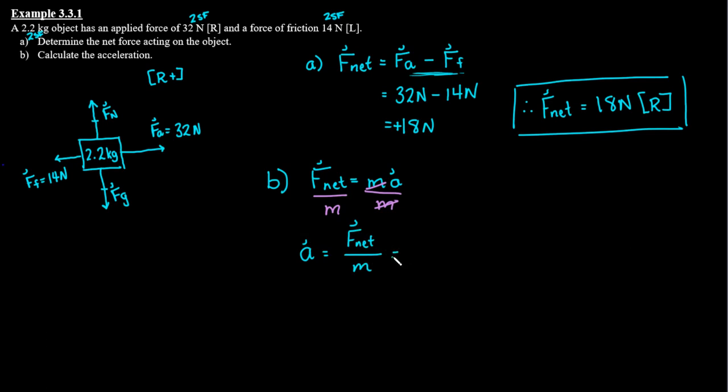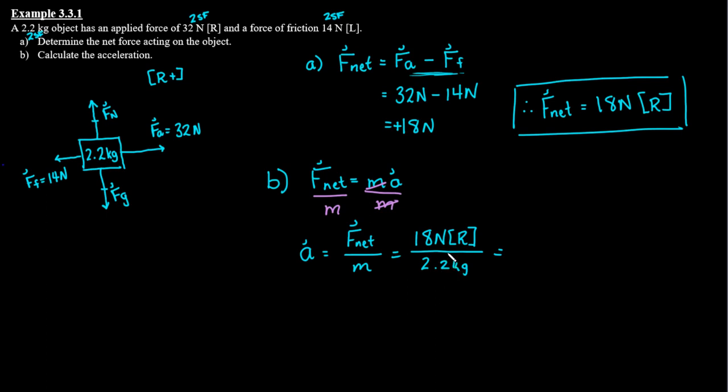Okay, the net force was 18 newtons to the right, and our mass was 2.2 kilograms. So remember, when you're dividing a vector quantity by a scalar quantity, that doesn't do anything to the direction.